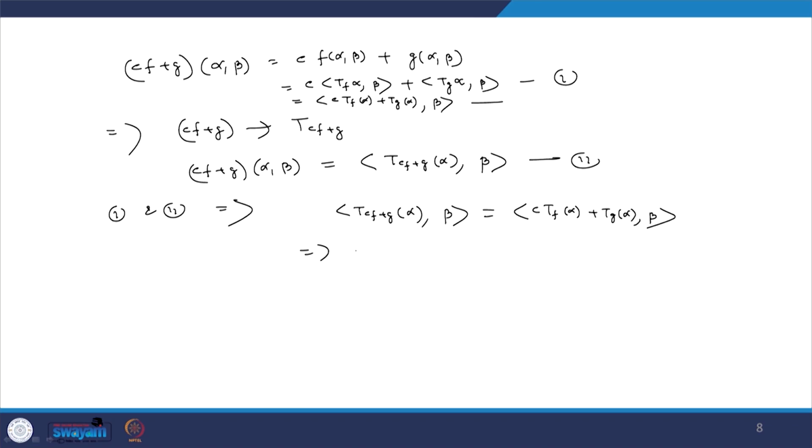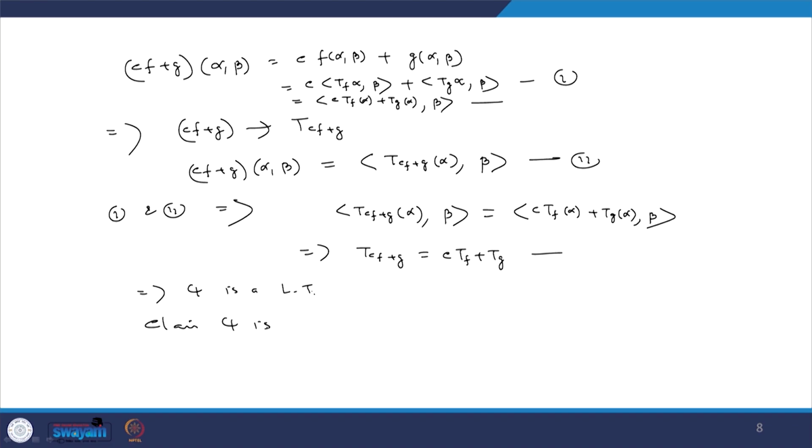This implies that T_(CF plus G) equals C T_F plus T_G. This implies psi is a linear transformation.